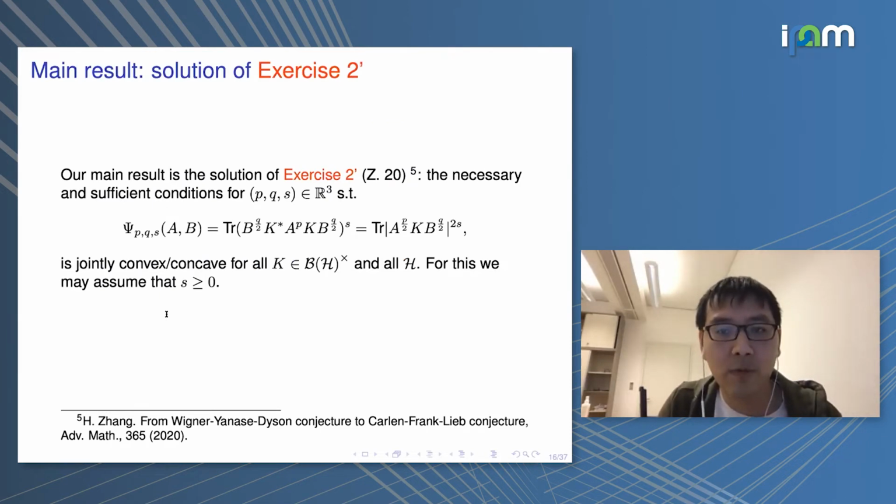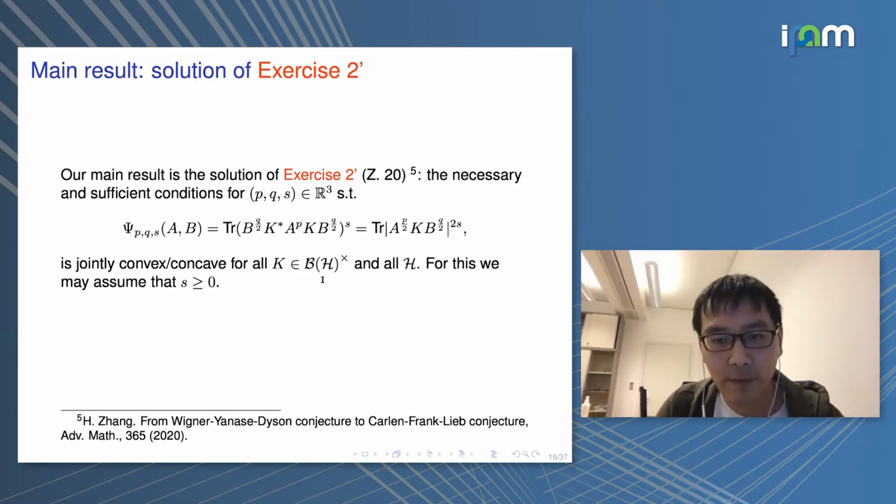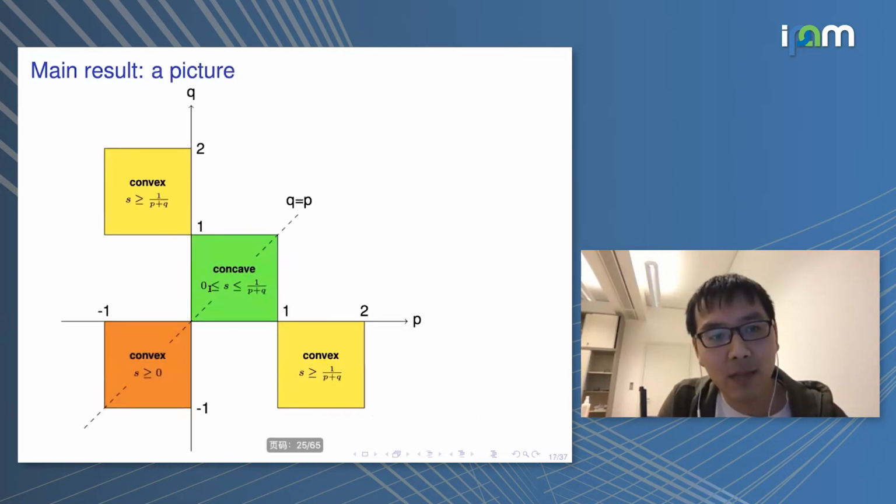Namely, we give necessary and sufficient conditions on the parameters PQS such that psi PQS is jointly convex or jointly concave. This is summarized in the next picture. Before that, let me comment that we can assume S to be positive. Otherwise, you can replace PQS with minus P, minus Q and minus S. So this is our main result.